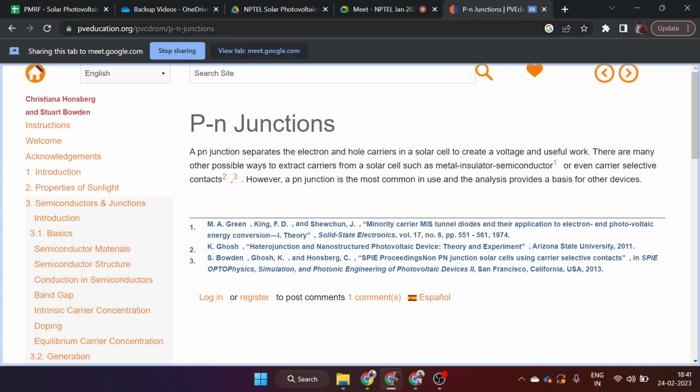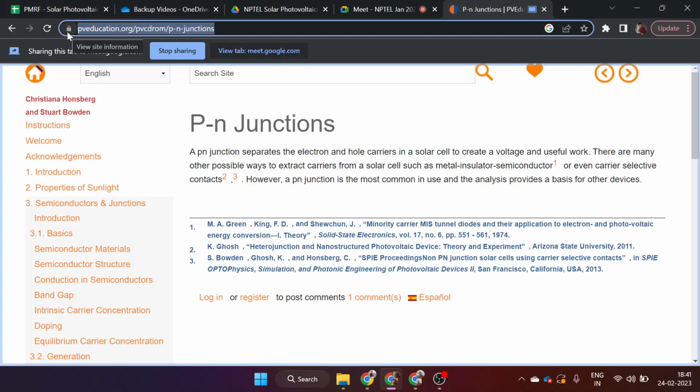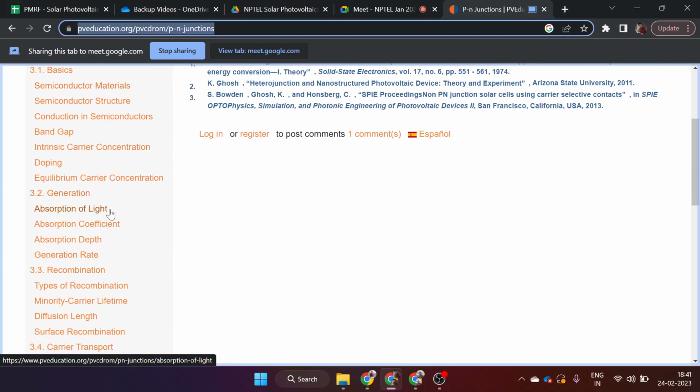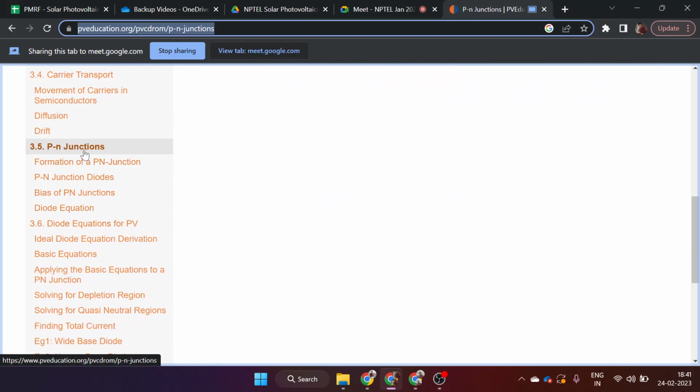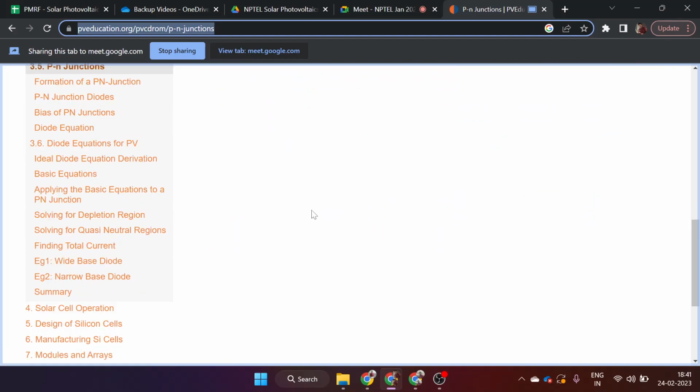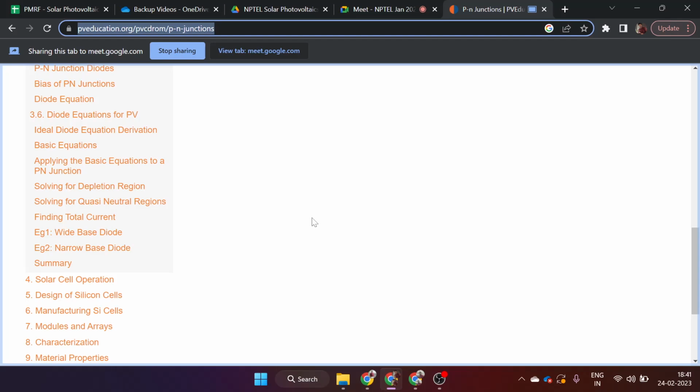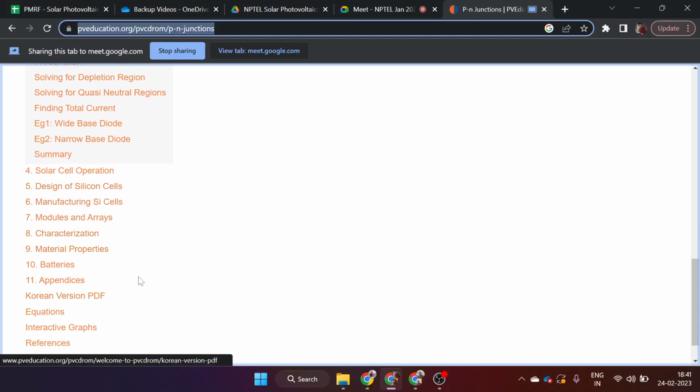See, this is the platform I was talking about. This is pveducation.org, and here in this part, just go to PN junction, and there are so many animations for everything. Like these are the table of contents, and you can watch various animations.